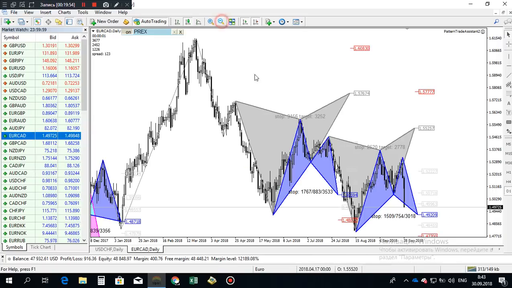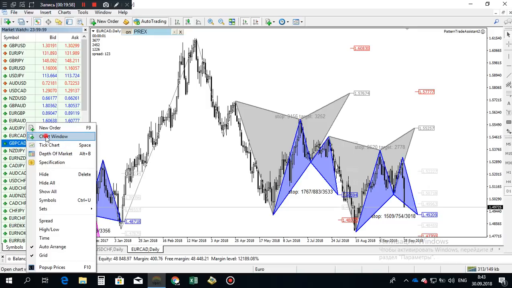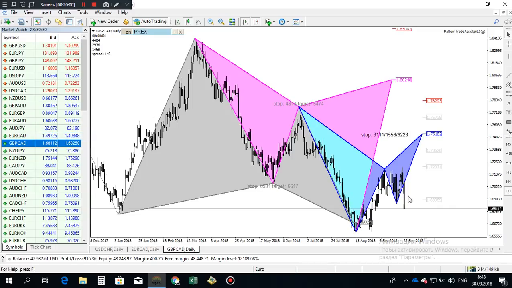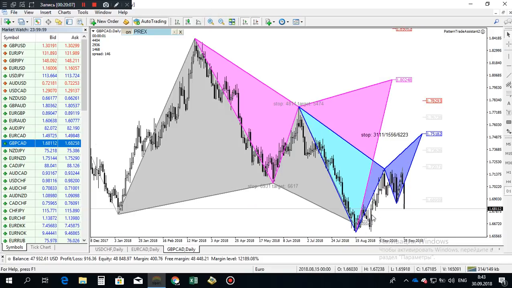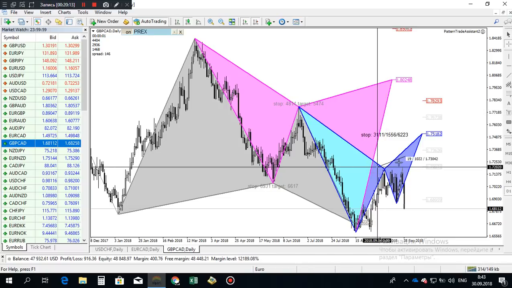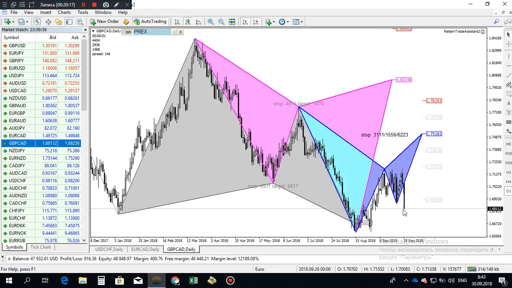Let's continue. Pound Canadian. What is there? We have this butterfly pattern that is running right now. Basically it hit some targets. We already had some reaction, and this is a unified Gartley.